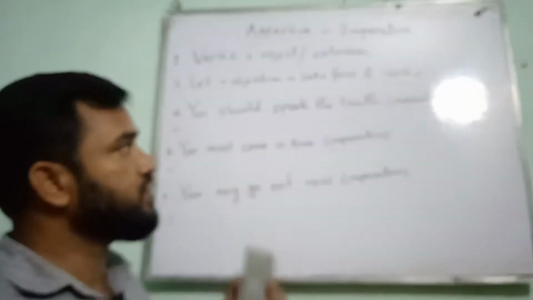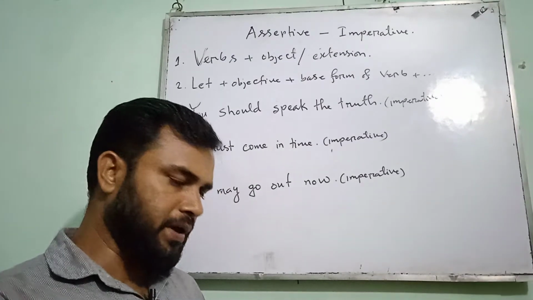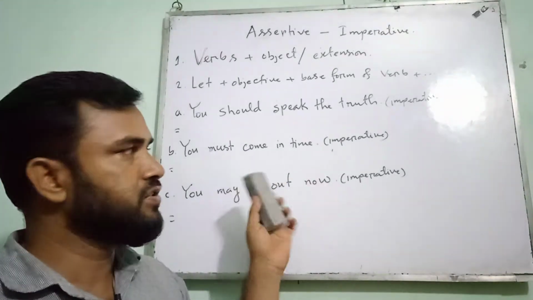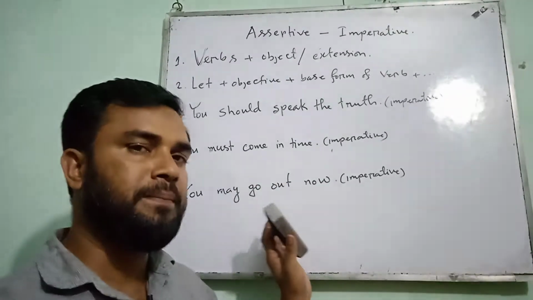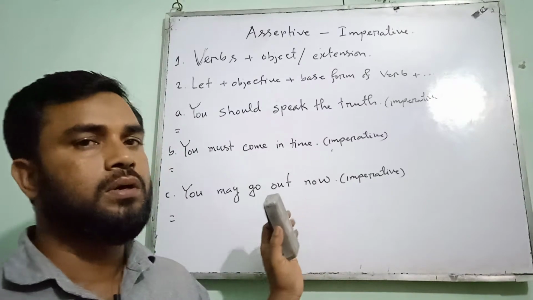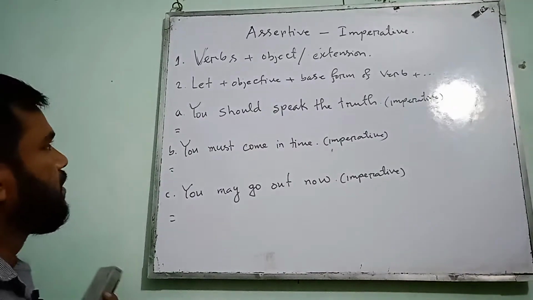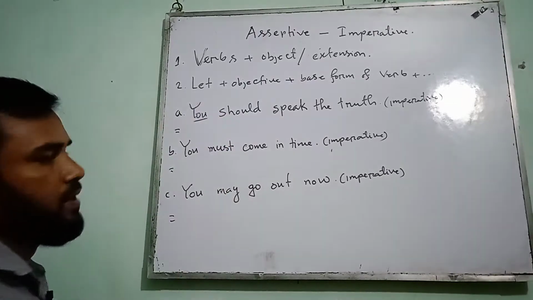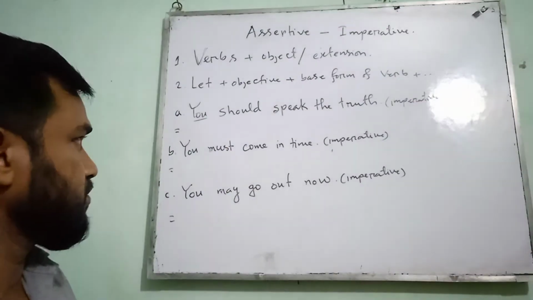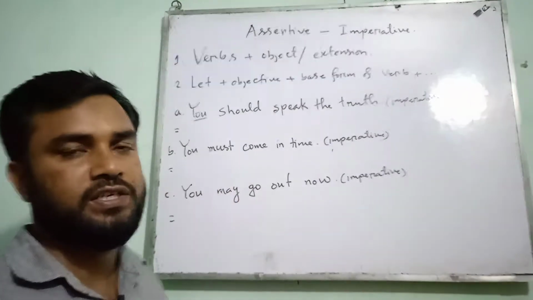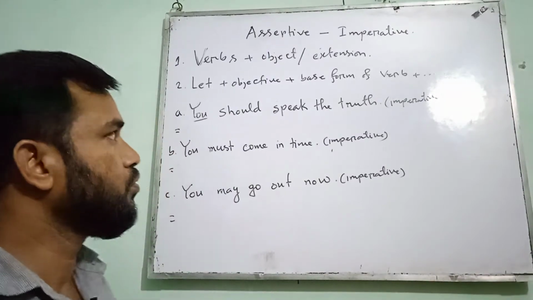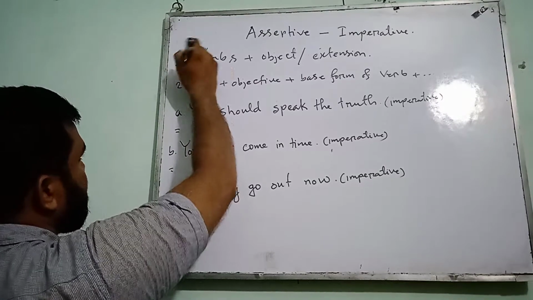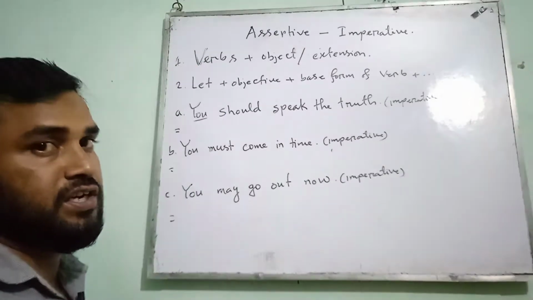Now, these are the examples of some assertive sentences, and we have to turn these sentences into imperative. And if a sentence begins with the subject you, then we have to use structure number 1 to make the sentence into imperative.